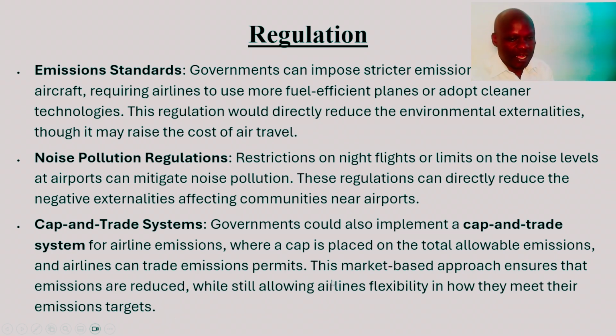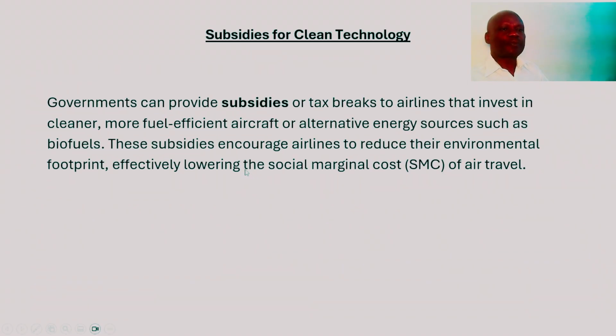So a cap here is an allowable limit of emission. So for the airlines that maintain that, they can get what is referred to as a credit. They get an advantage out of this. And the ones that exceed should actually be penalized for going beyond the standards.